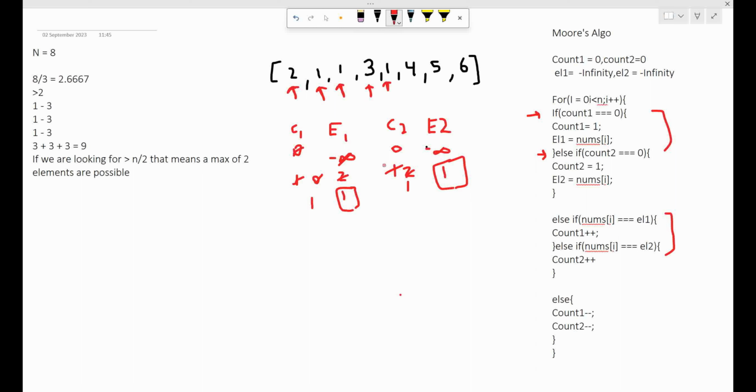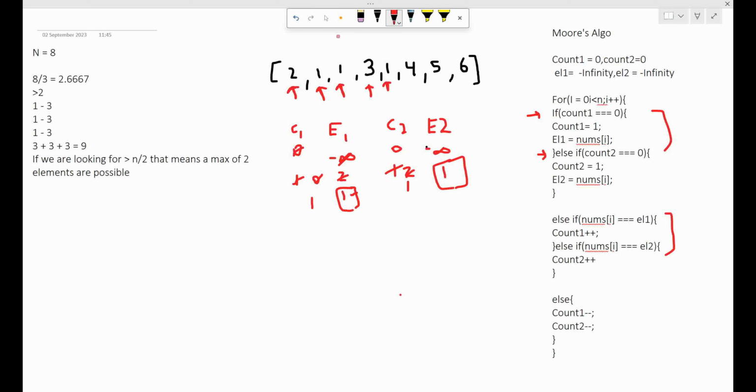We can't track a single element, that is 1, by using two variables. It has to be taken care of by only one variable. That means this algorithm is not perfect, right? We have to make some changes here because this algorithm is tracking a single element 1 by two variables.